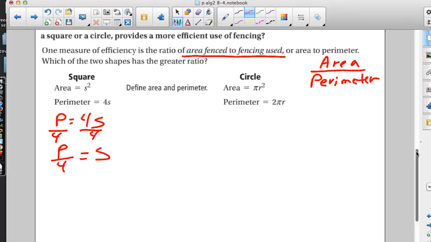Perimeter divided by 4 equals a side length. That makes total sense. This is a square. Perimeter divided by 4 equals a side length. And I want to see what happens with that in the area formula. So that's exactly what I have to do. I have to take p over 4 and put it in my area formula. So p over 4 squared equals my area. Well, let's see.